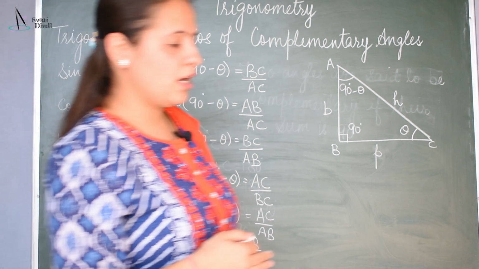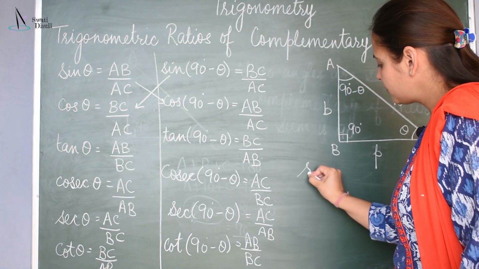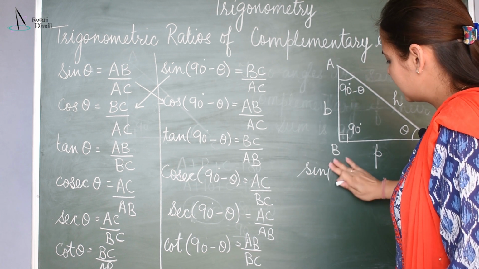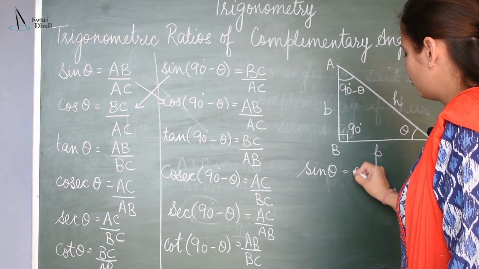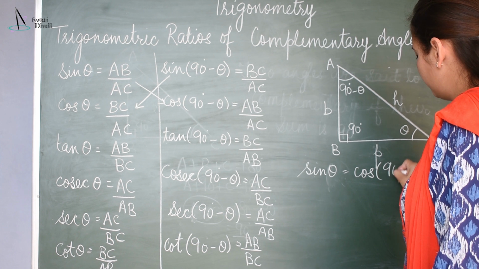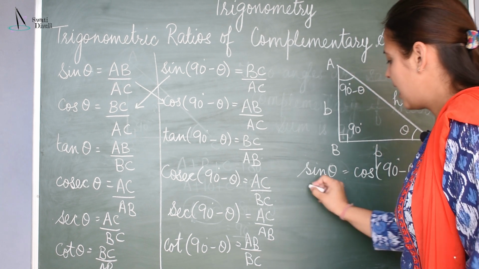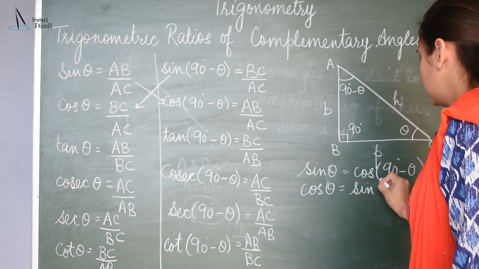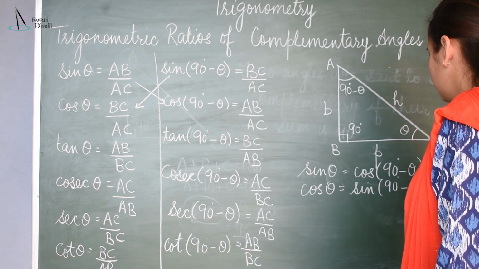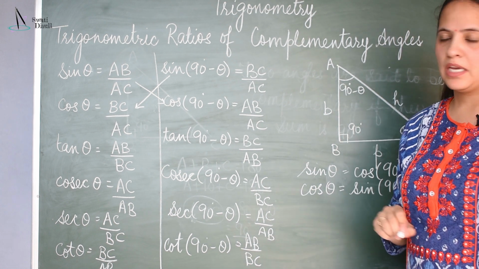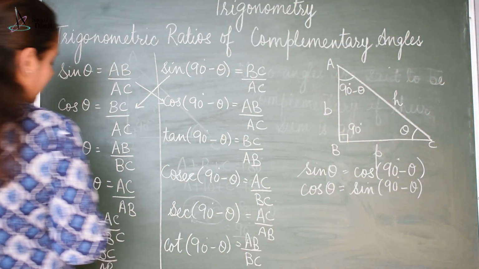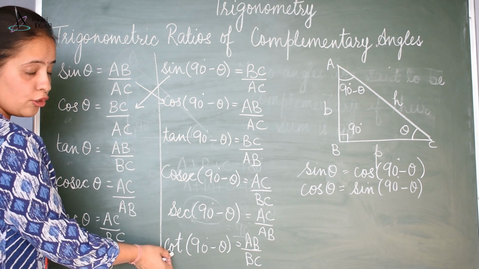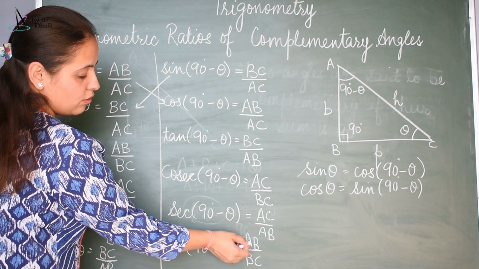So from here you have got that sin theta is equal to cos 90 minus theta and cos theta is equal to sin 90 minus theta.